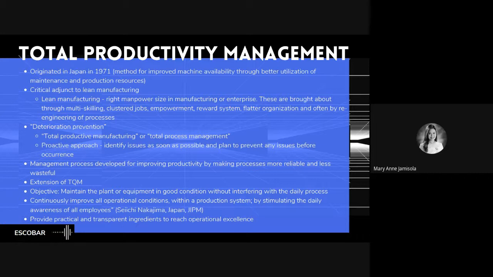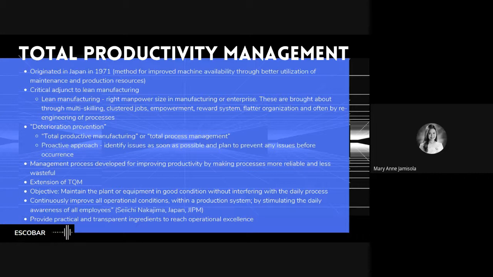In this setting, the operators are enabled to understand the machinery and identify potential problems, and correct them before they can impact production, and by so doing, decrease downtime and reduce costs of production. So, the essence of TPM is to train the operators themselves on how to do simple maintenance.